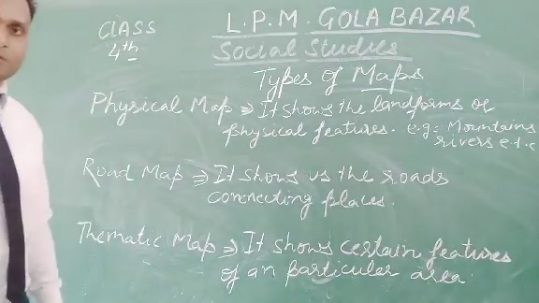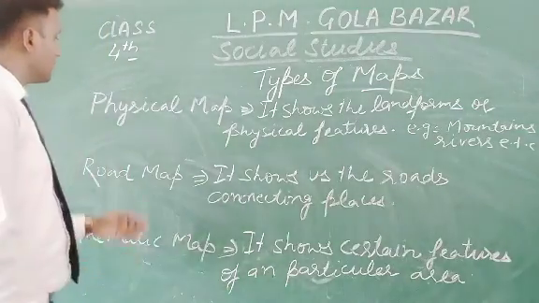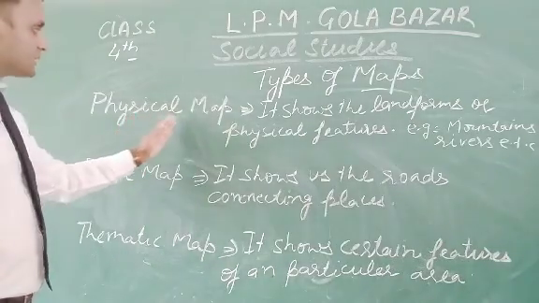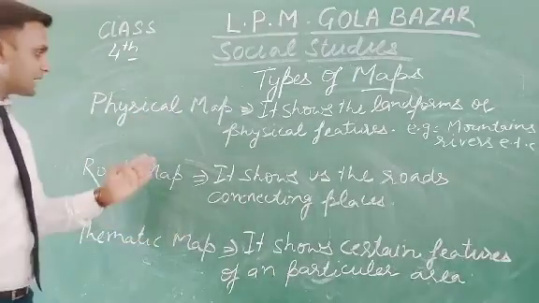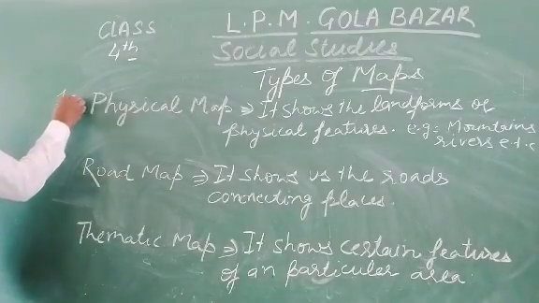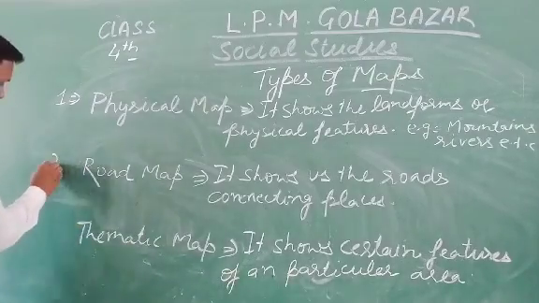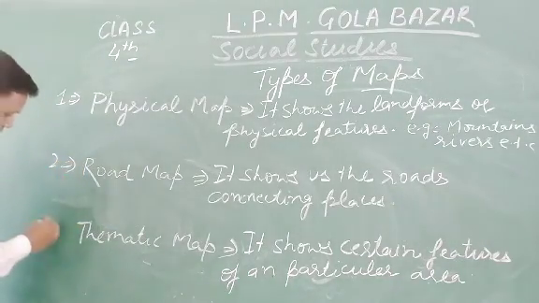How many types of maps do we use in our daily life? First one is physical map. Second one is road map.